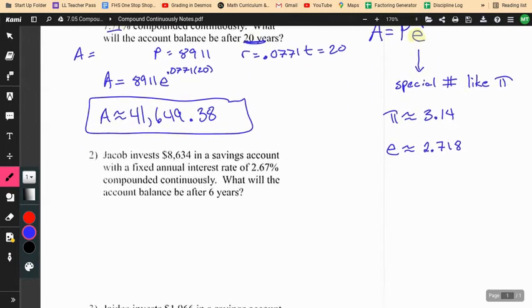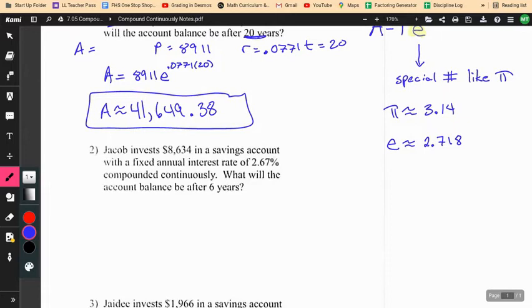Okay, so then we move on to number 2. Again, I organize A, P, R, T. Again, we invest 8,634, our initial amount. We have a rate of 2.67, so that's going to give us 0.0267.